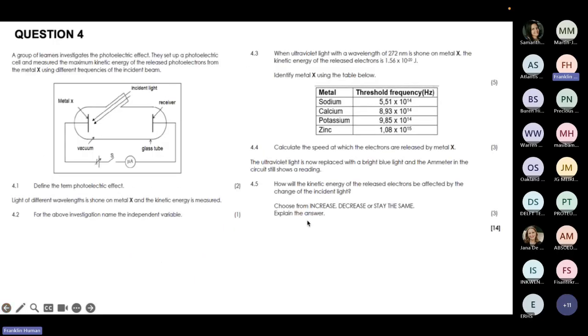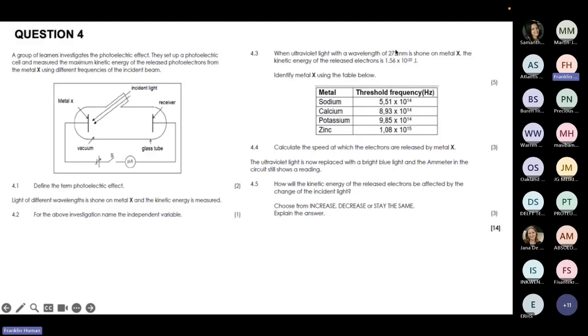Right, 4.3. When ultraviolet light with a wavelength of 272 nanometers is shone on metal X, the kinetic energy of the released electrons is 1,56 times 10 to the power negative 20 joules. What did we say? Since the speed of light is in meters per second, wavelengths that we deal with must be in meters.